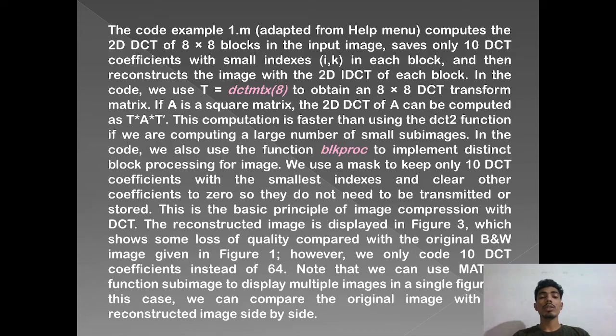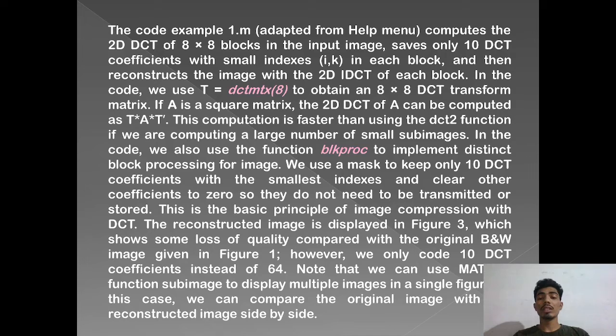In the code, we also use the function blkproc to implement distinct block processing for the image. We use a mask to keep only 10 DCT coefficients with the smallest indexes and clear the other coefficients to 0, so they do not need to be transmitted or stored.